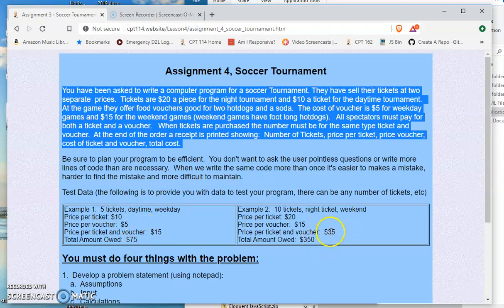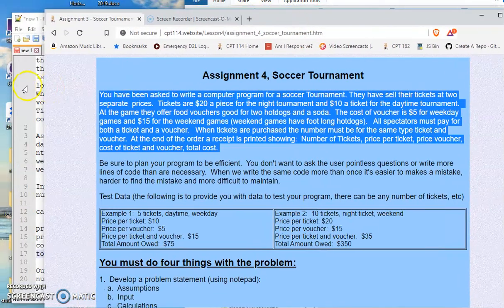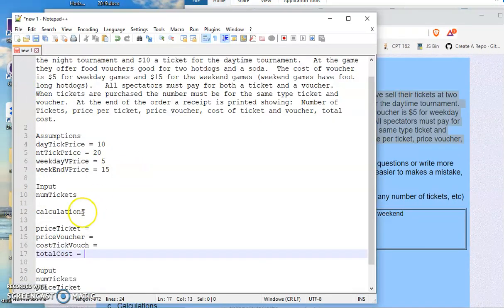Down here, I have a price of a ticket is 35, and I have 10 tickets. 10 times 35 is 350. So that's our math. So if you take a look at my practice data, you can usually figure out the math pretty easy. All right. So that means that this is the cost of the ticket and the voucher times the number of tickets.